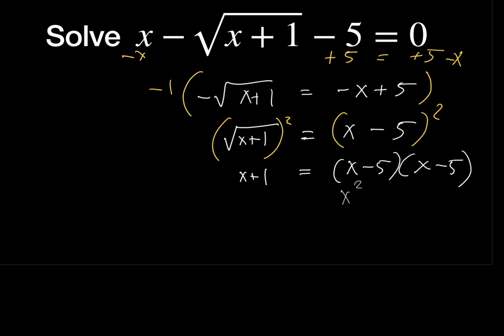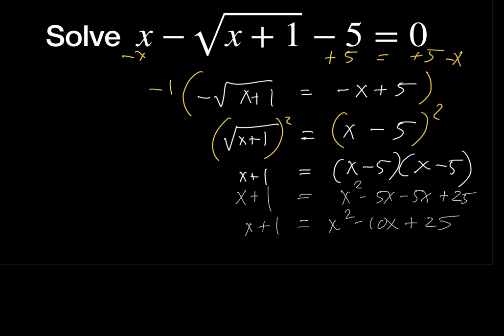Firsts, x squared; outside, negative 5x; inside, negative 5x; lasts, negative 5 times negative 5 is positive 25. X squared minus 10x plus 25.